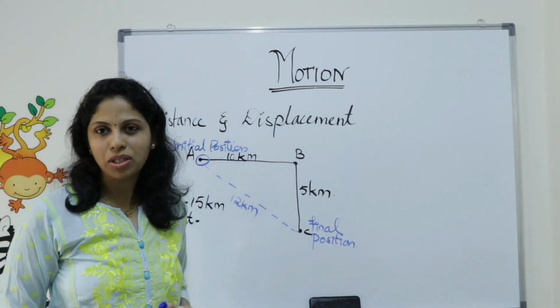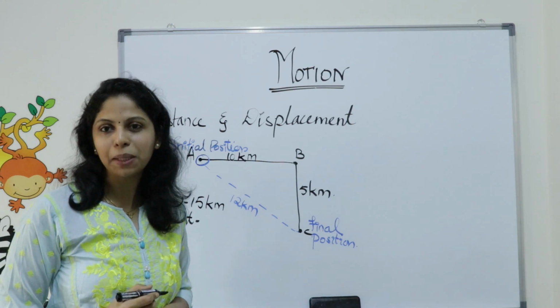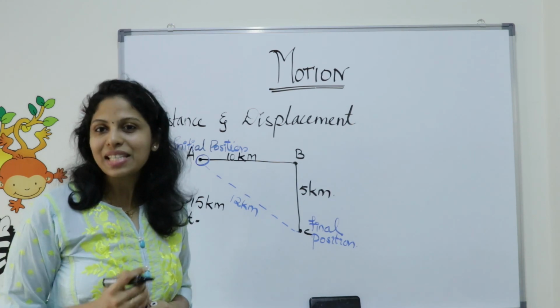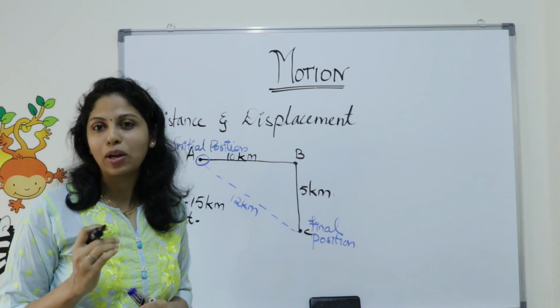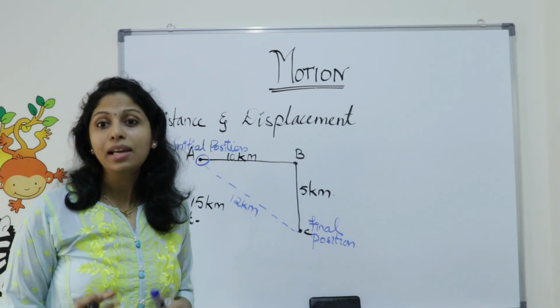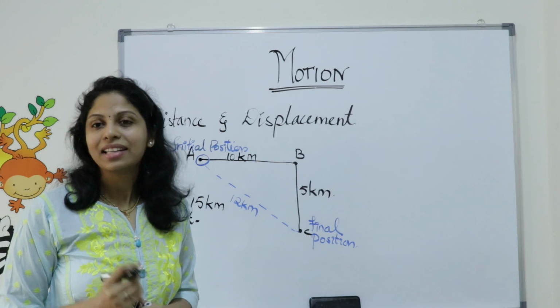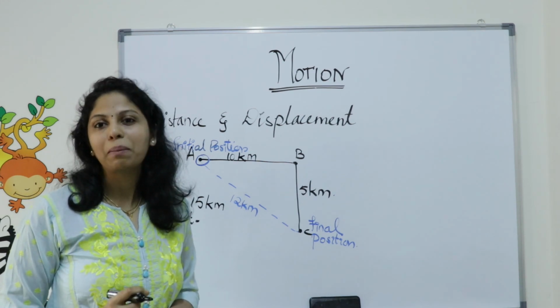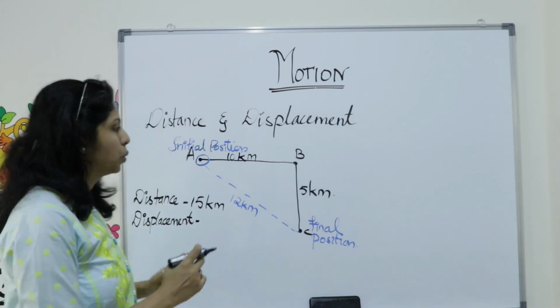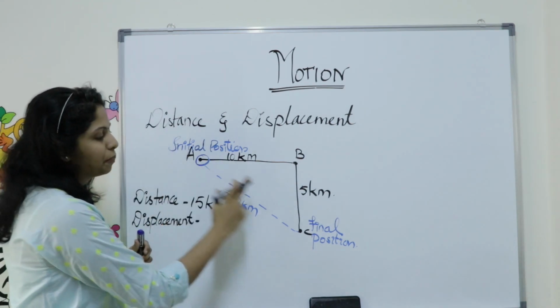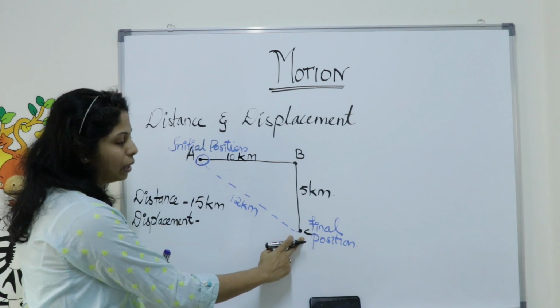Now, by definition, what is meant by displacement? Yes, displacement is the shortest distance travelled by an object from its initial position to its final position. So, A is its initial position and C is its final position.